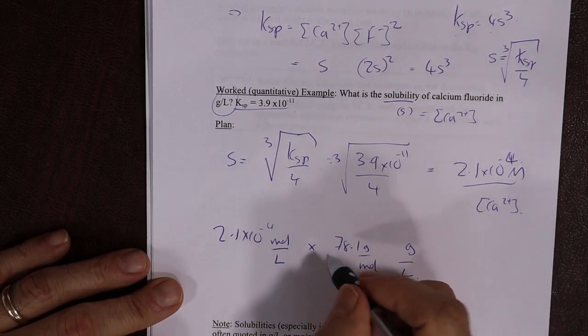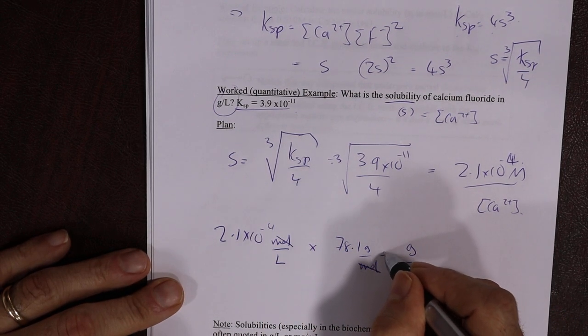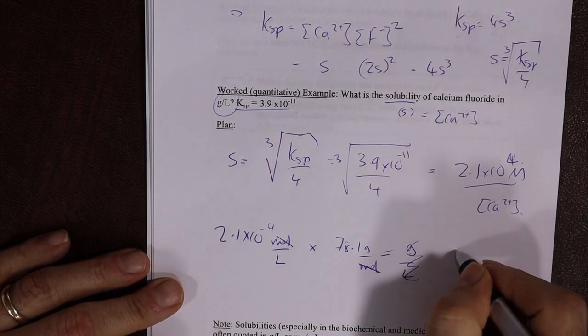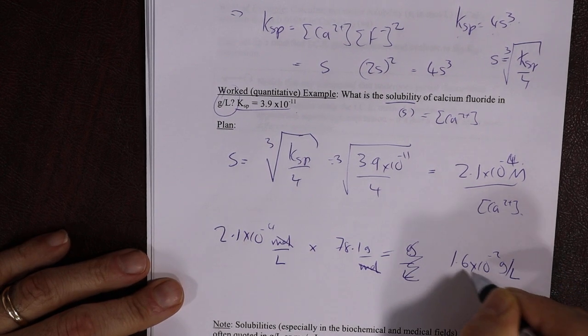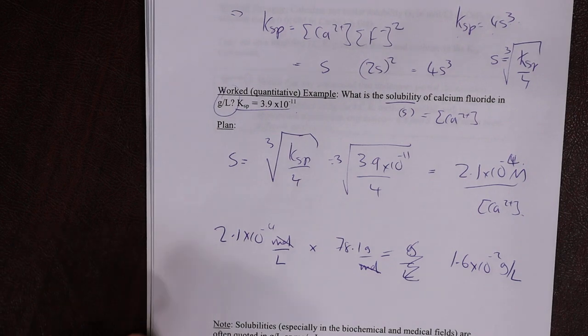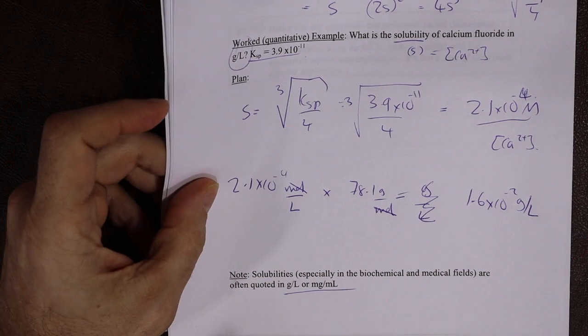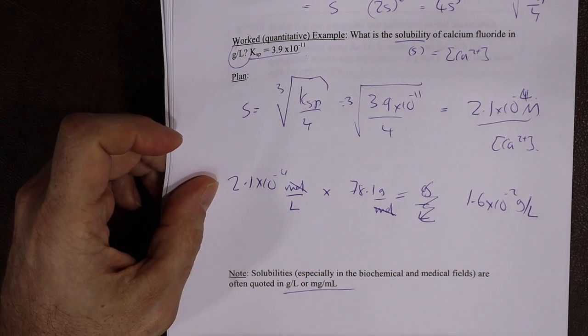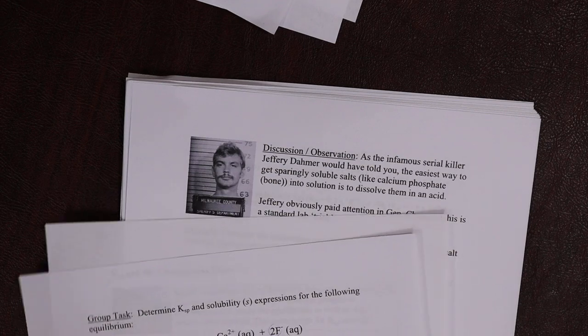So that gives 1.6 times 10 to the minus 2 grams per liter. Be careful there. Think about a chain conversion. It's a bit like a ppm conversion, and this is more popular in fields such as industrial chemistry and biomedicine.